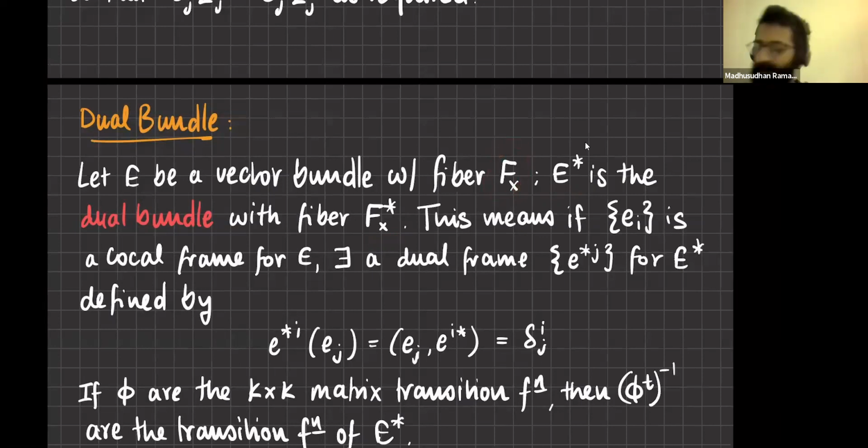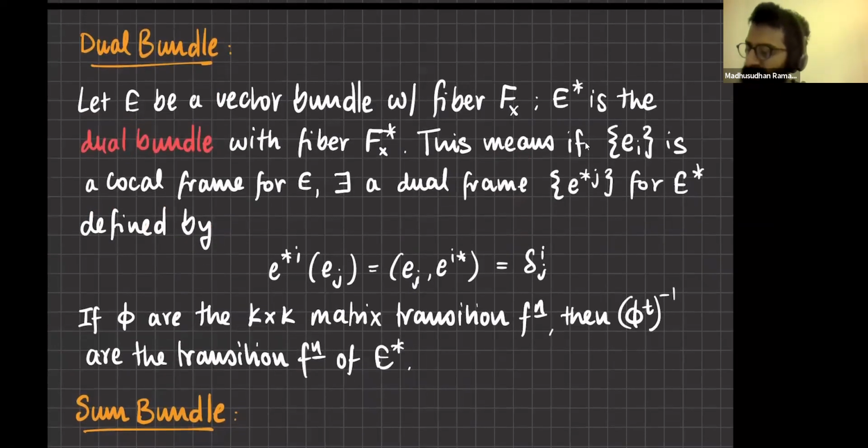This will be familiar to you: if you have a local frame for E, then there exists a dual local frame for E star, which is defined by this relation. We know this from the usual coordinate frames. You can have non-coordinate frames, of course, in which case it won't just be a delta ij, it will be something more complicated, some matrix, but you can typically construct a frame in this manner.